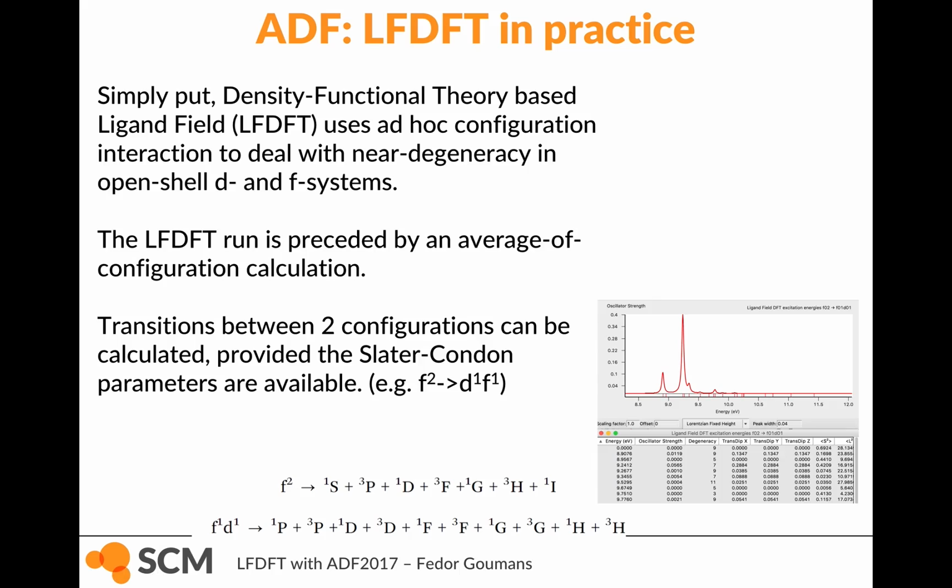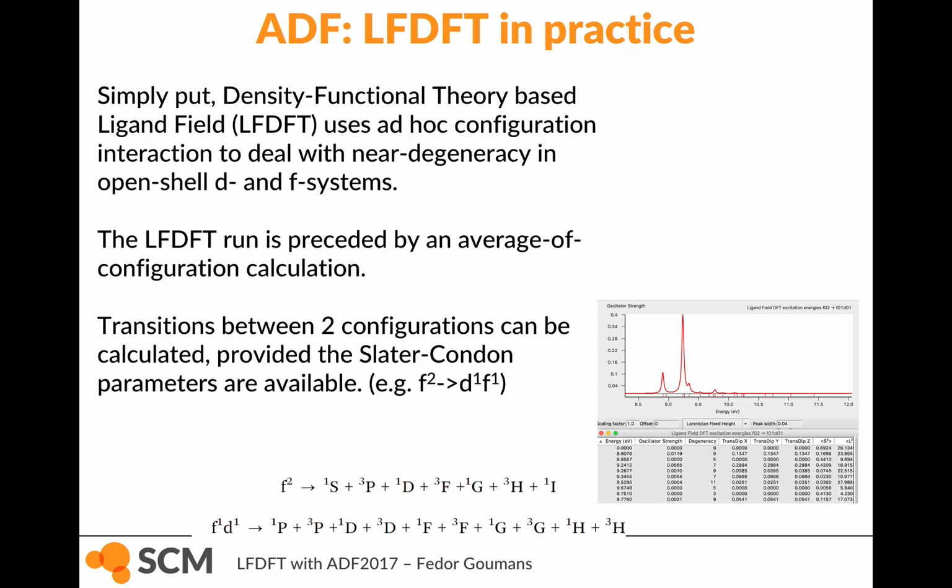So just summarizing what LF-DFT does. Again, it's a sort of configuration interaction dealing with the degeneracy that you typically find in open shell F systems and also in open shell D systems, especially the 3D transition metals.